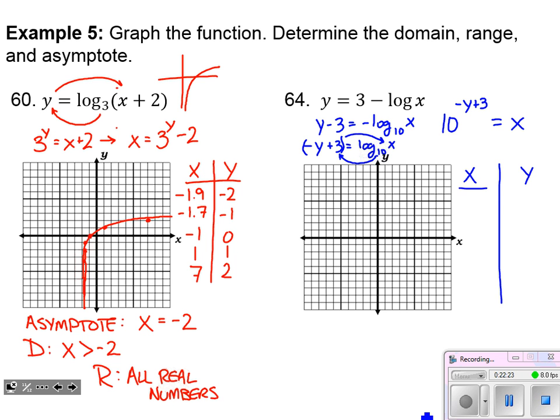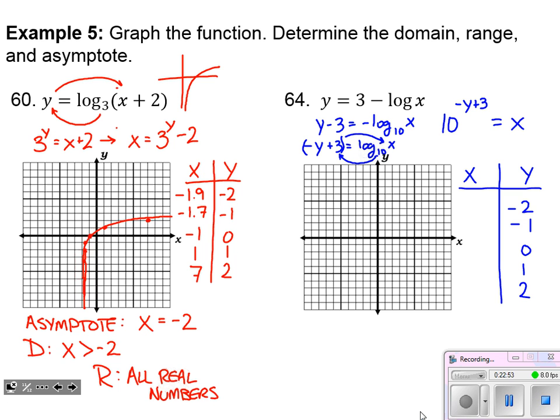But remember, now we're solving for x's. It's an inverse type of relationship. So I'm going to pick the y values that go in. Between -2 and 2 are pretty good choices, at least to get a general idea. So I've got 10 to the, in parentheses, negative input plus 3. And let's see what we get for a table. Oh boy.